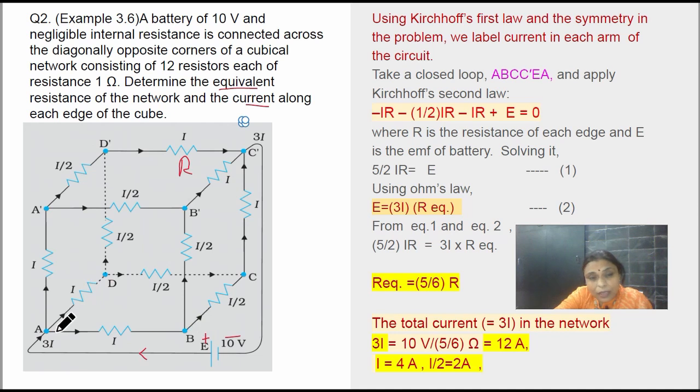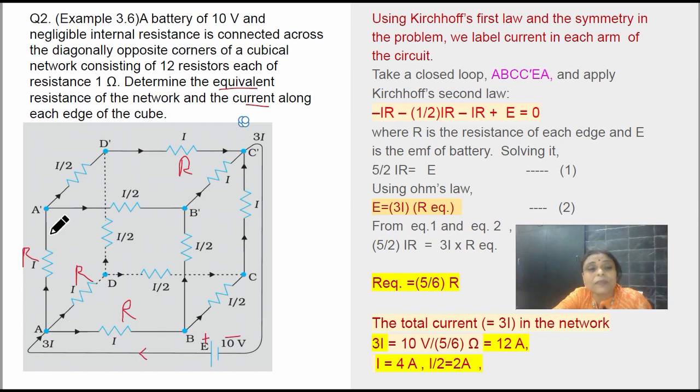But see this, AA', AD and AB are symmetric and each of them has resistance R as given in the question. So all three arms have the same current I flowing through them. This is the junction rule, Kirchhoff's first rule, we are applying here. At this junction, the current is the same, 3I entering and 3I coming out.